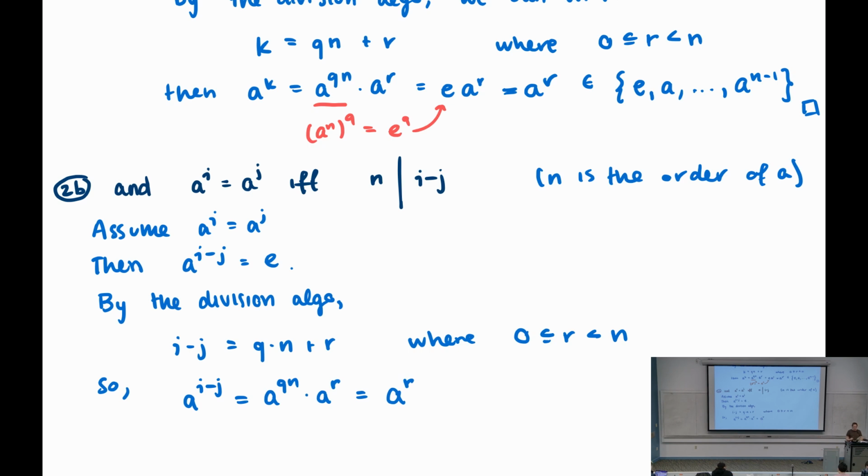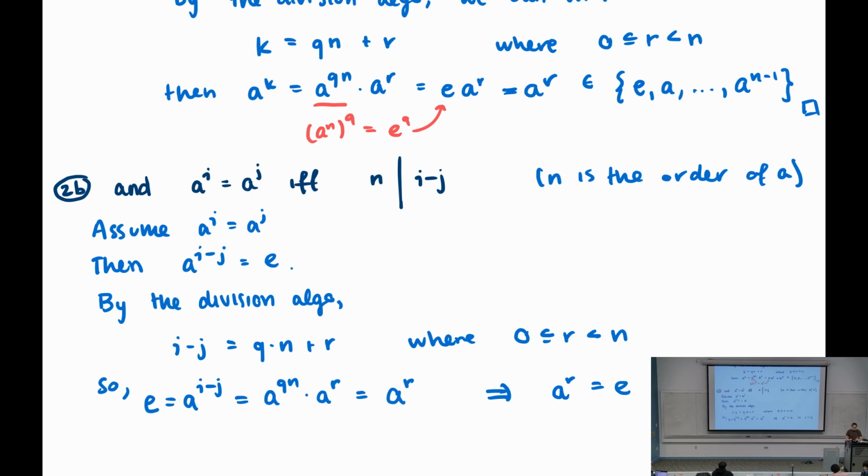We also previously observed that a to the i minus j was equal to the identity. So altogether we have that a to the r is equal to the identity. But we also know that n is the least positive integer that has this property, so that forces r to be equal to 0, because otherwise that contradicts the fact that n is the order of a.